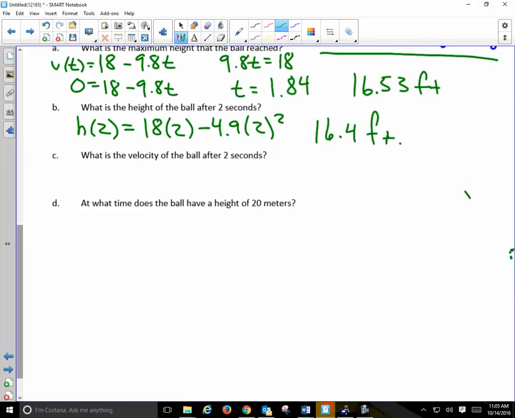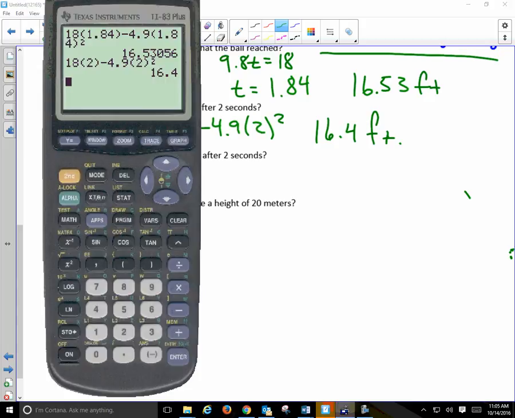What is the velocity of the ball after 2 seconds? How would I compute that? So 18 minus 9.8 times 2. Oh, thank you, we're working in meters.